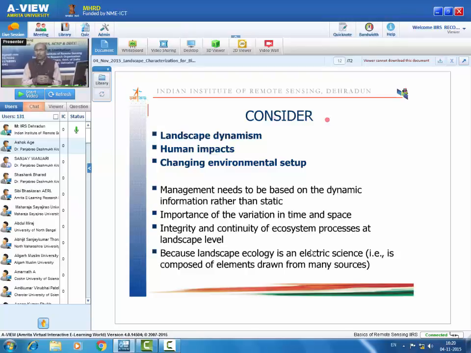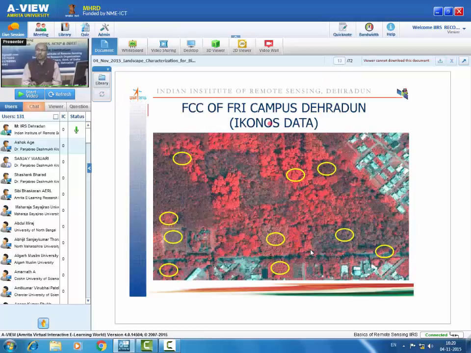Because of this, it is a very dynamic science, and a lot of work is being done. So let us look at how remote sensing can help us in identifying species, or let us say communities or forest types. In this example, if you can look, there are different tones and different textures, and each one is associated with a different type of forest.